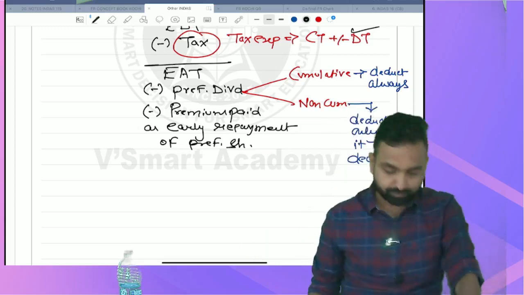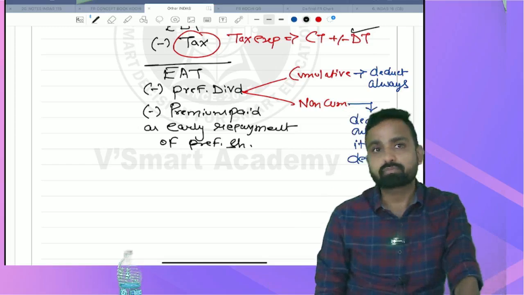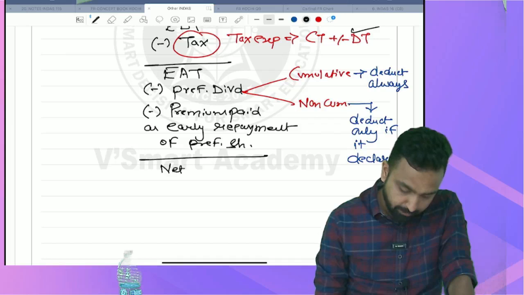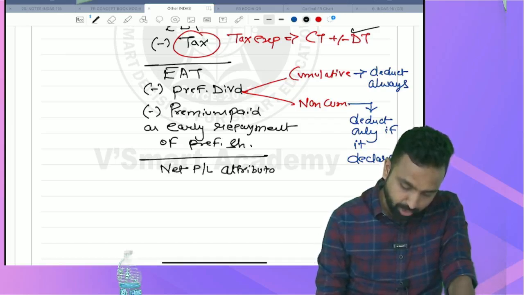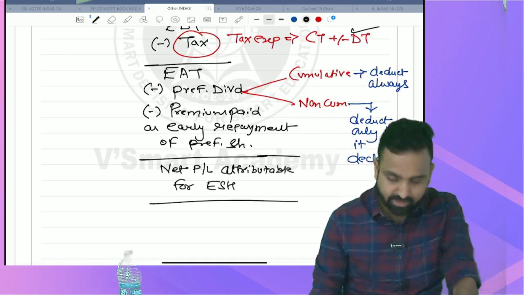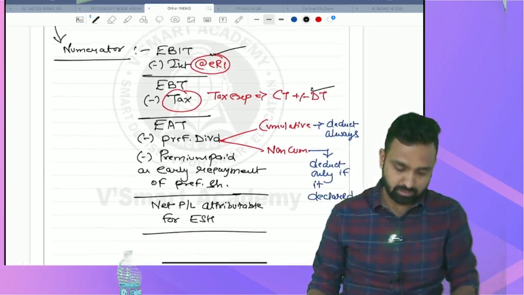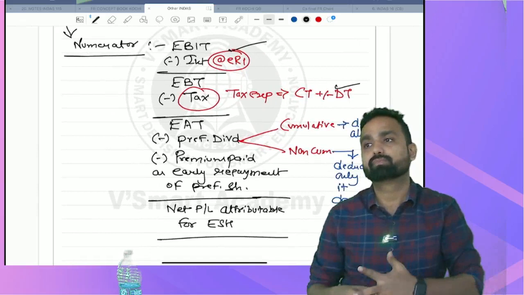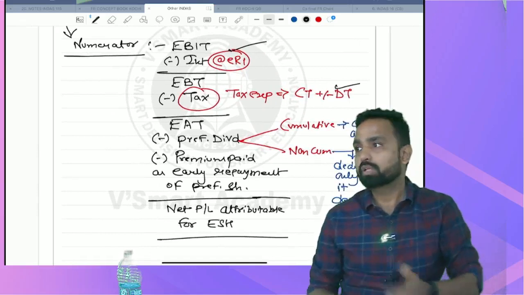Understood or not? Tell me, guys, understood? Then you will get net profit or loss attributable or available for equity shareholders. Guys, understood or not? Done? Okay.